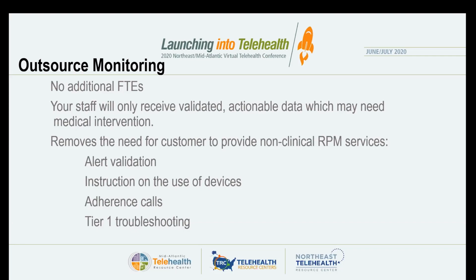The advantage of that is the organization does not need any additional FTEs. There's your staff. You will only receive validated, actionable data, which may need a medical intervention. And it removes the need for the customer to provide non-clinical RPM services.